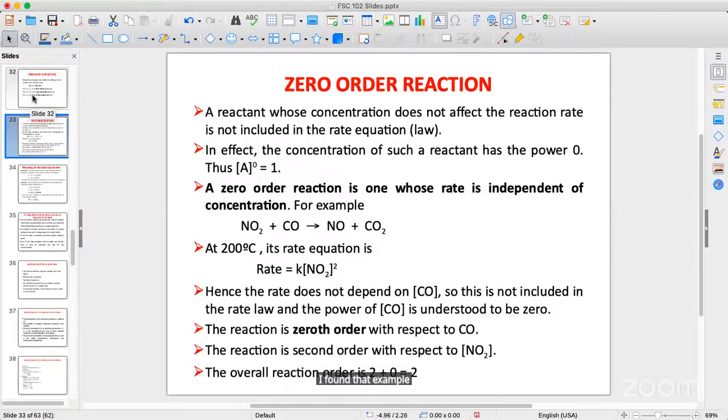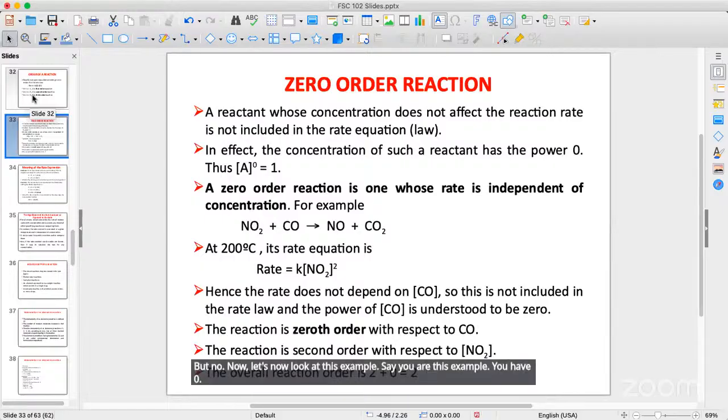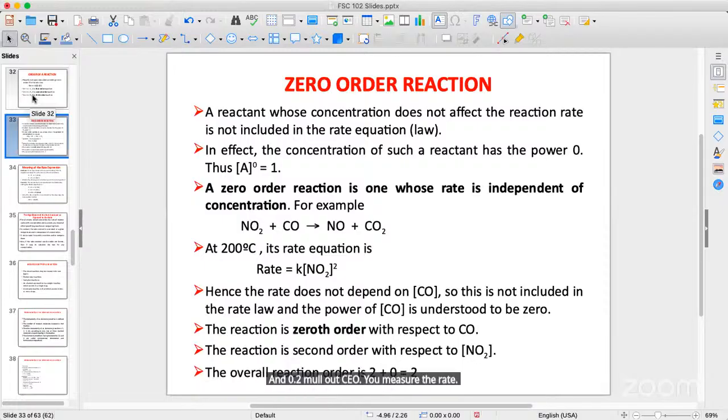Now look at this: NO2 plus CO to give you NO plus CO2. Say you have 0.2 molar of NO2 and 0.2 molar of CO. You measure the rate, and say the rate is 0.1 mol per dm³ per second.